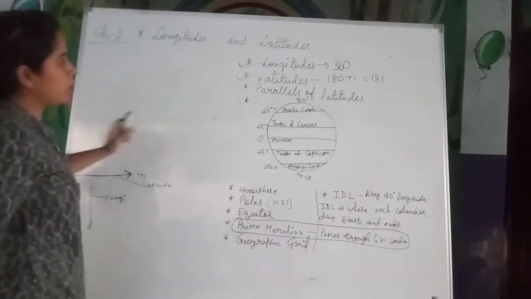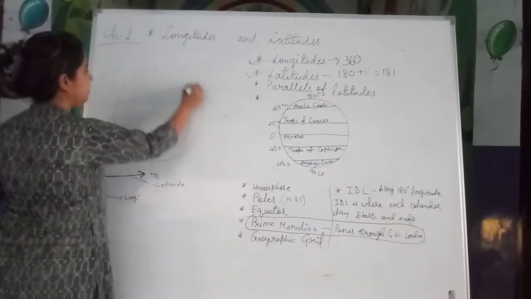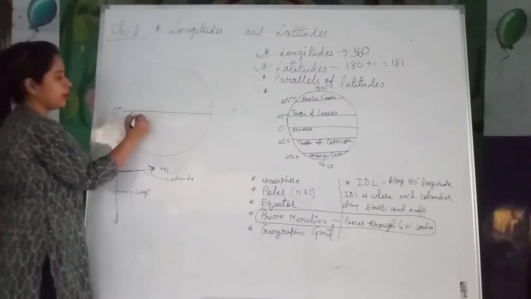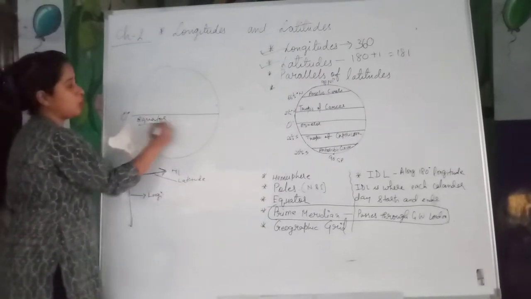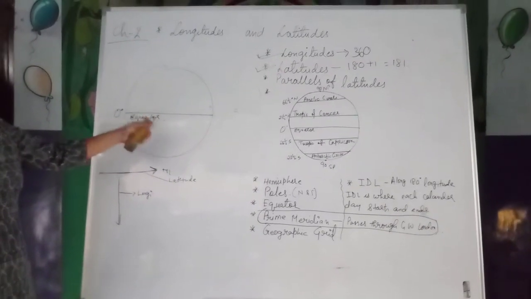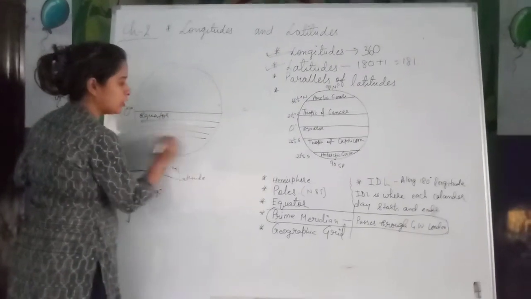Now let's see about parallels of latitude. When I draw this earth, I said that this is the equator, the 0 degree longest latitude on the earth, and there are numbers of latitudes below and above the equator.